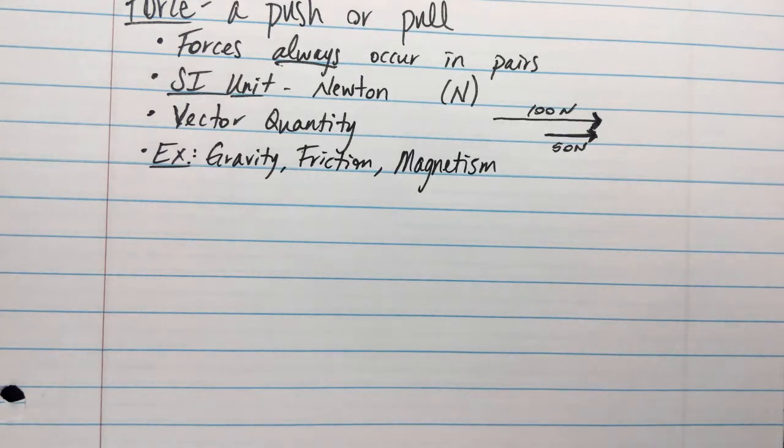Okay, first let's talk about this. If it's only gravity, gravity's pulling the book down, right? Then why doesn't the book go through the table? If the table's stronger than the book, then why isn't the book flying up?